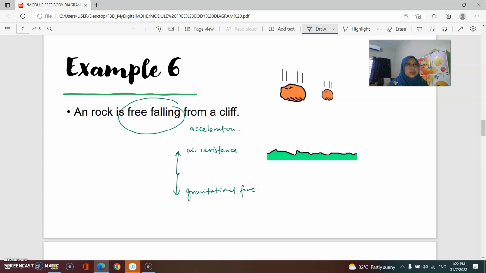But now in this question we have acceleration, which means that the gravitational force is larger than the air resistance. We have more force compared to the air resistance. That's why the rock has an acceleration.